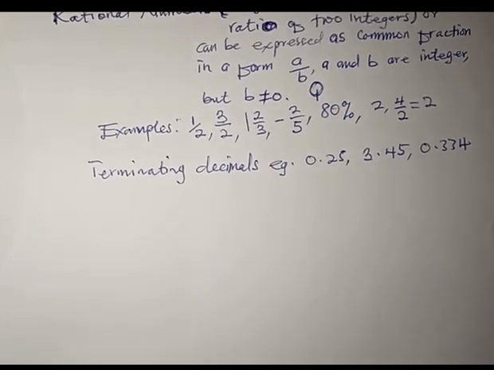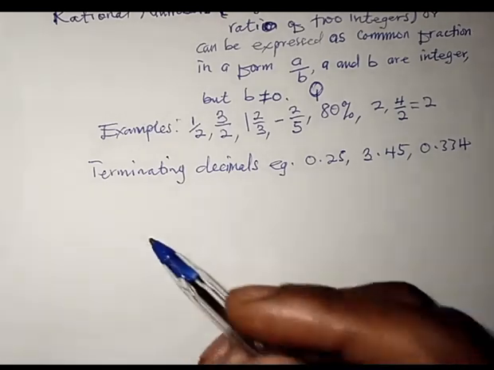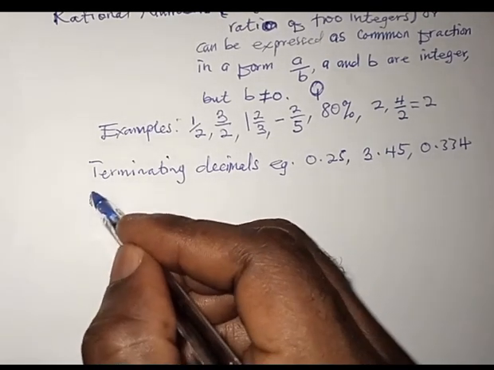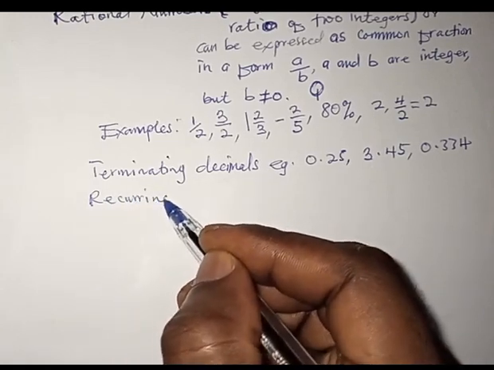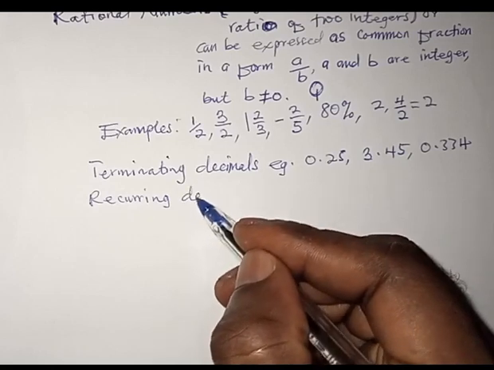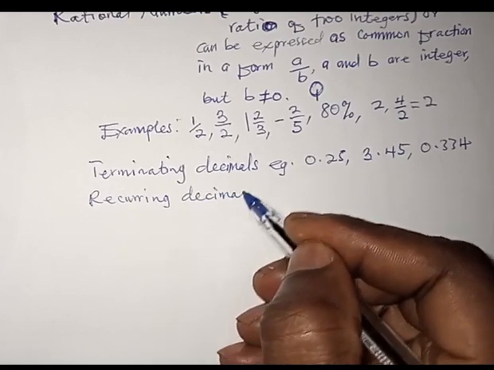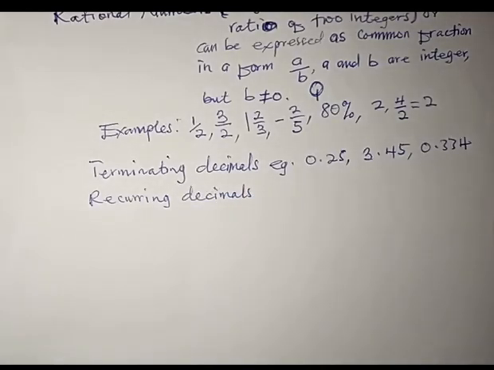Let's also look at another kind of decimal: recurring decimals. What do we mean by recurring decimals? We're talking about decimal numbers that have repeating patterns.